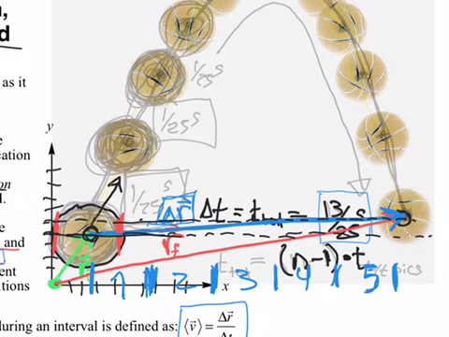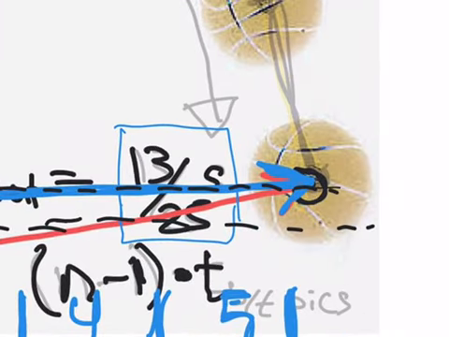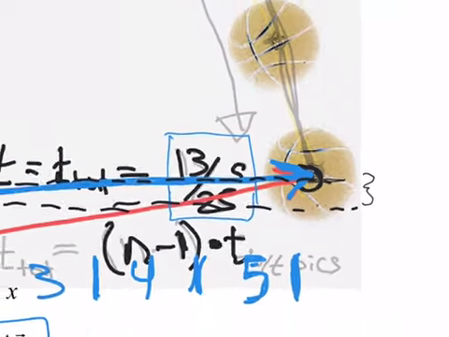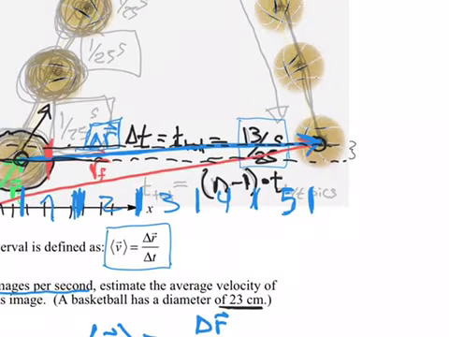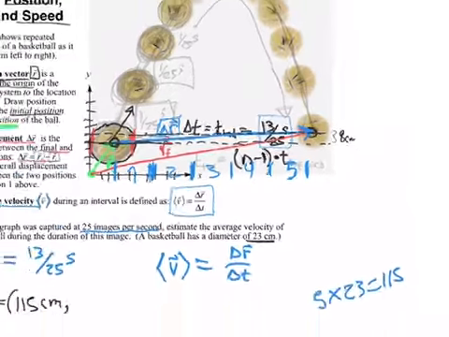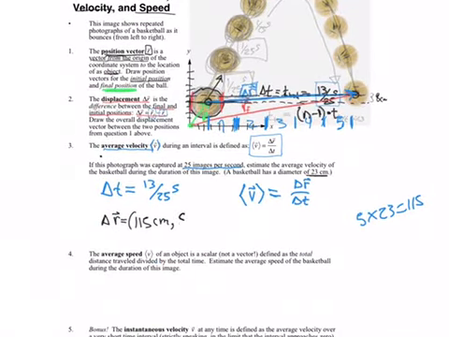It looks like maybe around a third of the basketball's height, so maybe around 8 centimeters, because the basketball is 23 centimeters in diameter. I'll say that this is 8 centimeters.